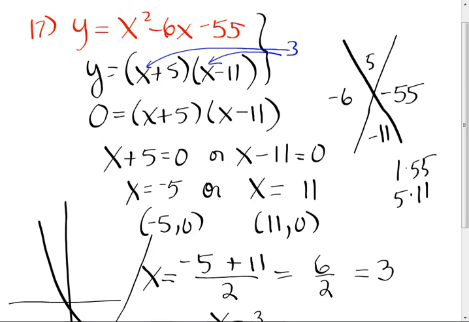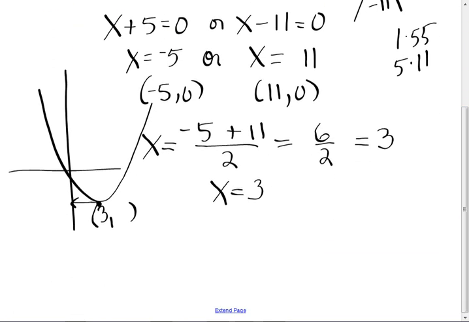If I put 3 in here, what's 3 plus 5? And if I put 3 in here, what's 3 minus 11? Negative 8. What's the y coordinate? What's 8 times negative 8? Just do what it says. 64. So the ordered pair is 3, negative 64.